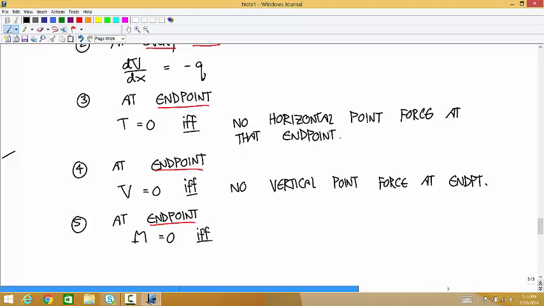What do you think this one is? There's no moment. That's right. No point couple about the z-axis at that endpoint.